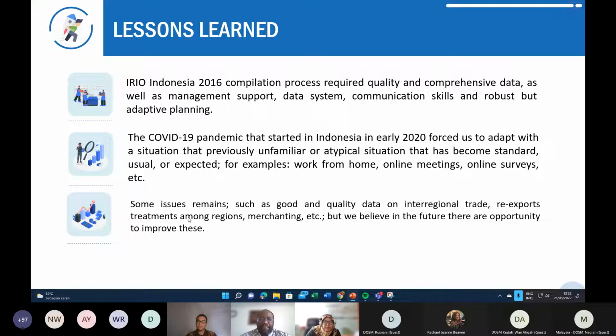Some issues remain, such as good quality data on interregional trade, re-exports and their treatment among regions, merchanting issues, and so on. But we believe there are opportunities in the future to improve these issues.